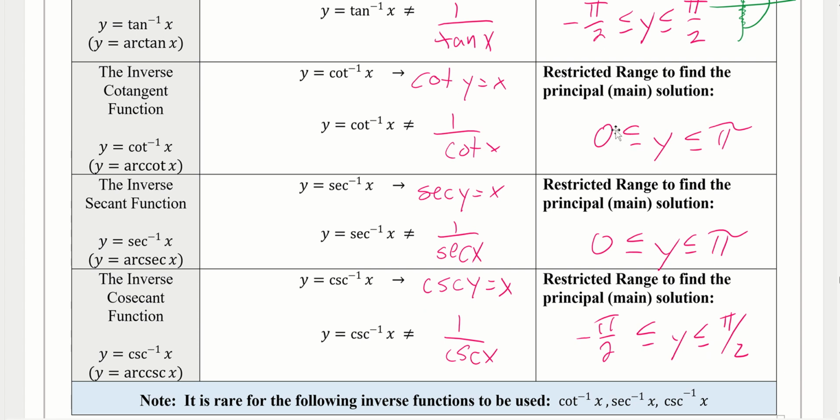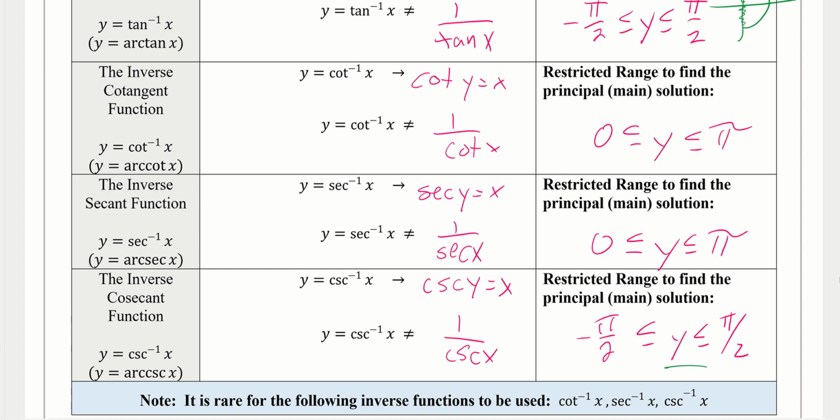Cotangent is different because that's the flip of tangent, so that's why it's 0 to pi. This is the same idea as our buddy cosine, so that's the same. And then your cosecant, which is the inverse of sine, down here at the bottom.